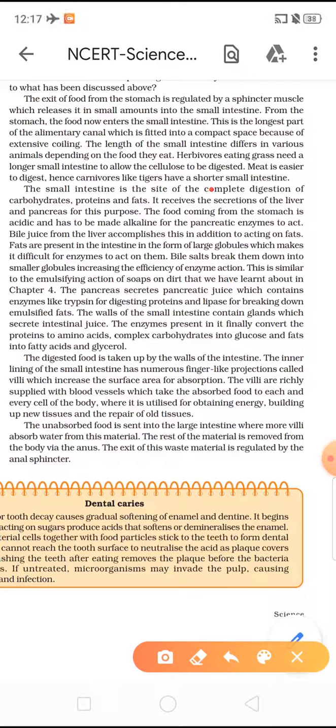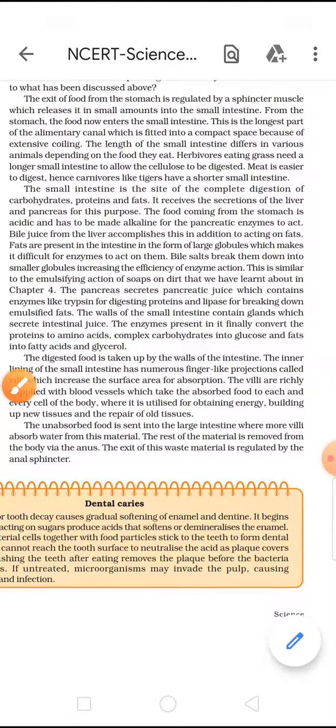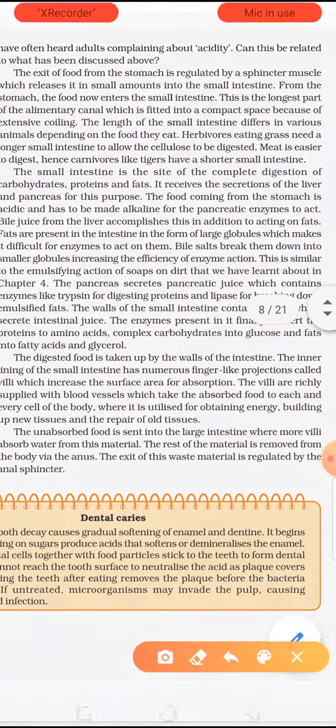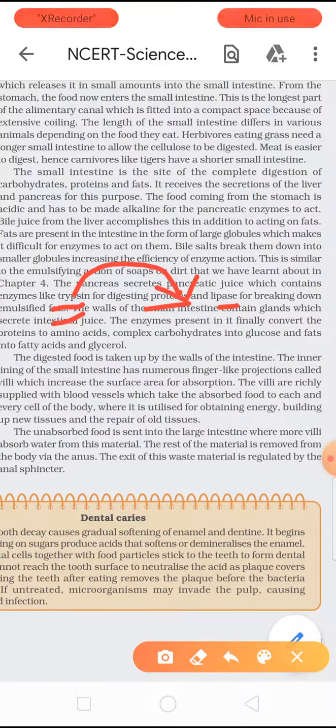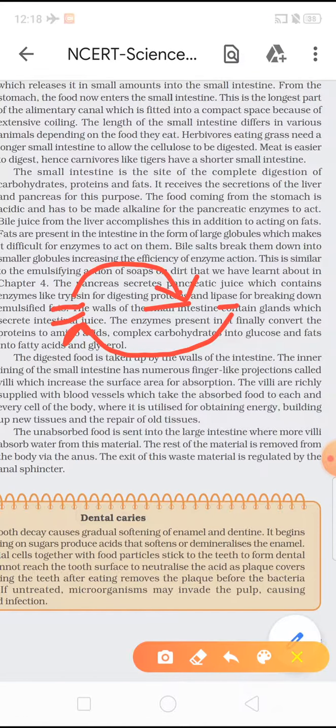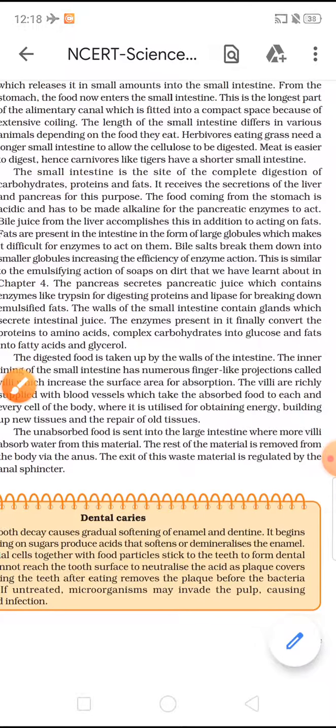Trypsin for digesting protein, and lipase for digesting fat. So two things the pancreas secretes, trypsin and lipase. Trypsin will break the protein molecules into simpler molecules, and lipase will help in breaking down fats.